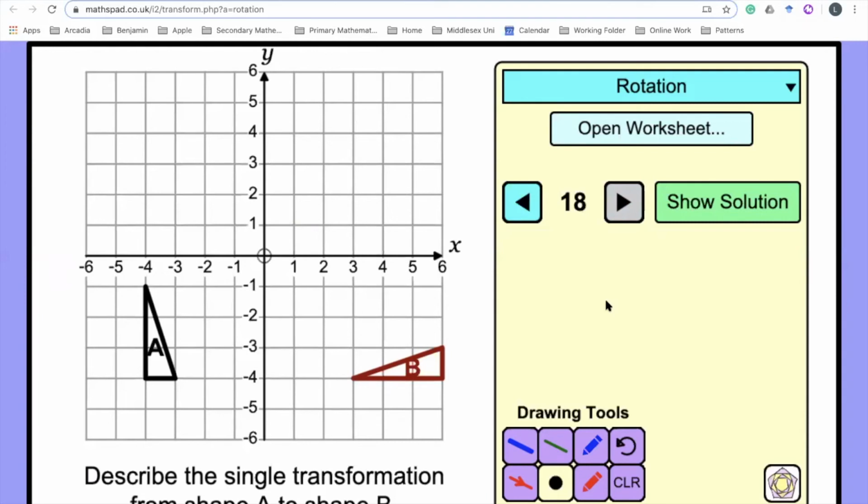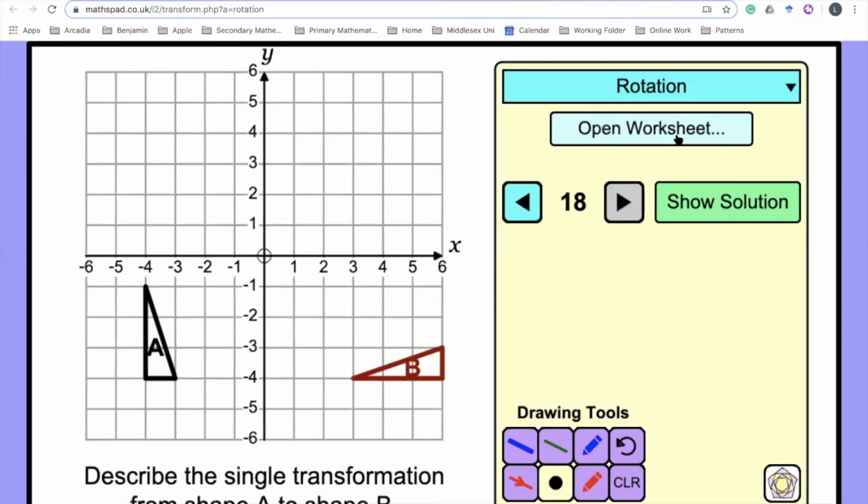Now, in your lessons today, I've uploaded 2 worksheets for you. One of the PDFs that I've uploaded is a table, and I want you to do that first because it structures your answer. It asks you to fill out the rotation, the angle, the degrees, and it also asks you to fill out the center of rotation.